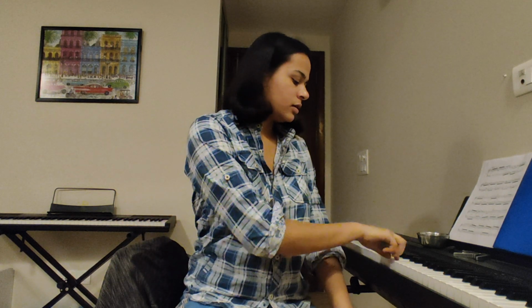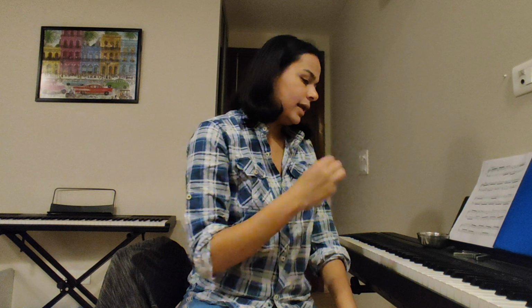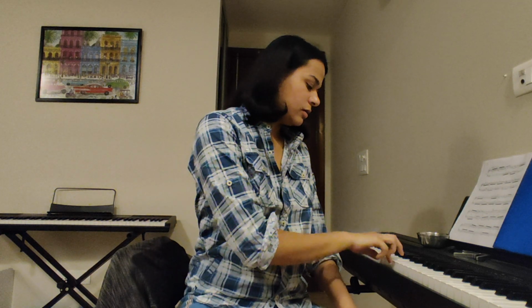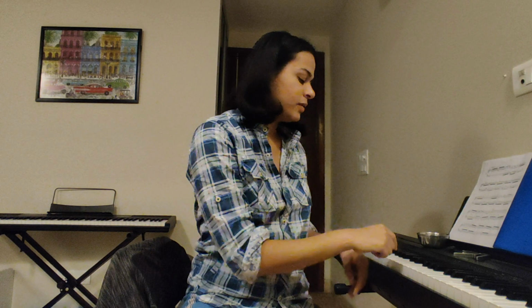So a good example of a tone could be C and D, because let's see now if C and D are as long as two semitones. So we go from C to C sharp, which is one semitone, then C sharp to D, which is two semitones. So C to D is a good example of a tone.